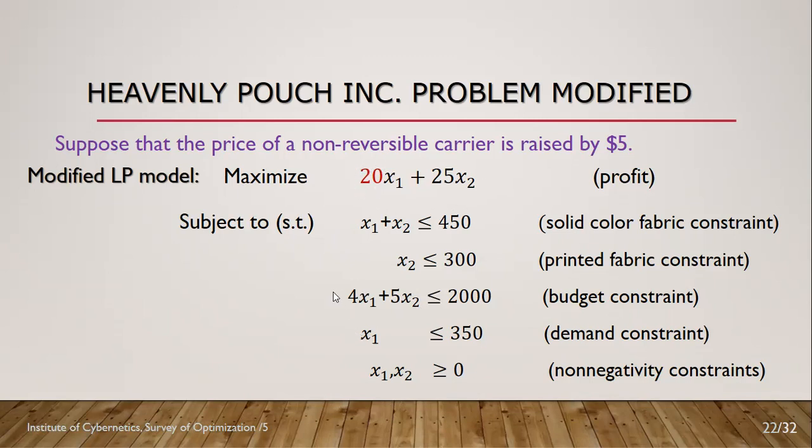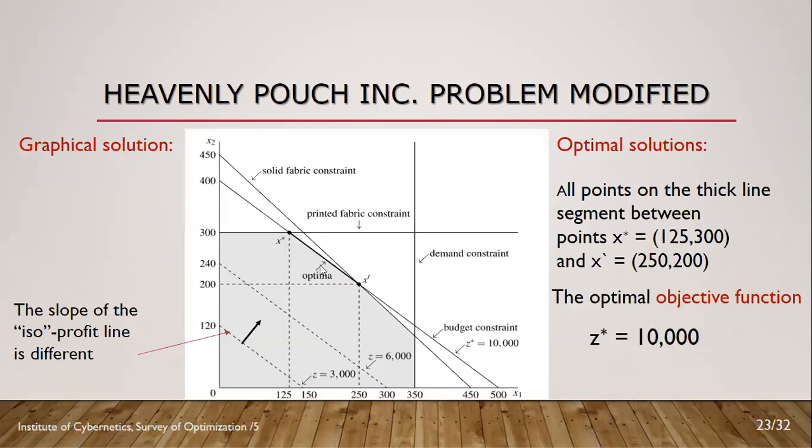If I multiply this inequality by 5, I receive exactly the same coefficients as in the objective function, meaning that the objective function will be parallel to the budget constraint. So now let's again refer to the feasible region.